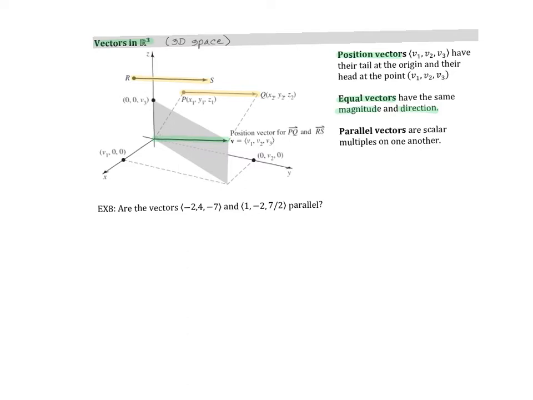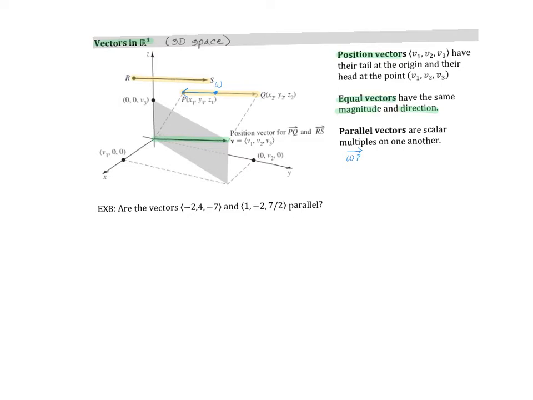But we can also talk about parallel vectors. Now let's look at the vector PQ. Let's say I have some point here, and I'll just call this W. And I have a vector that goes from W to P. Well, the vector WP is going to be parallel to the vector PQ.